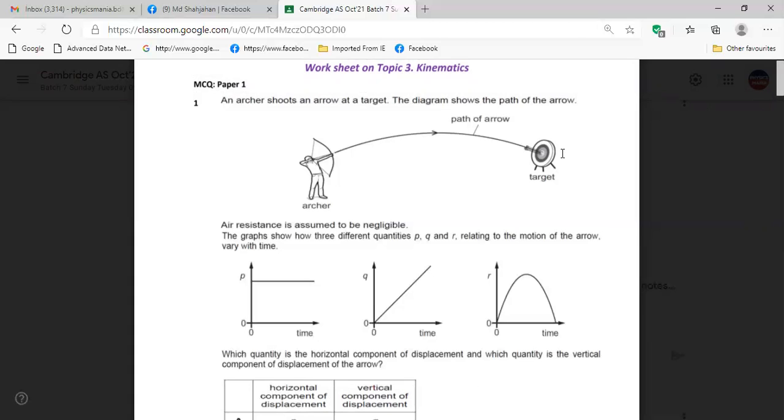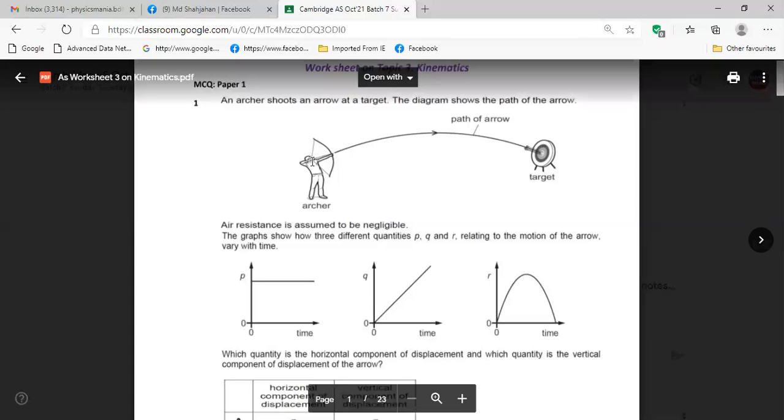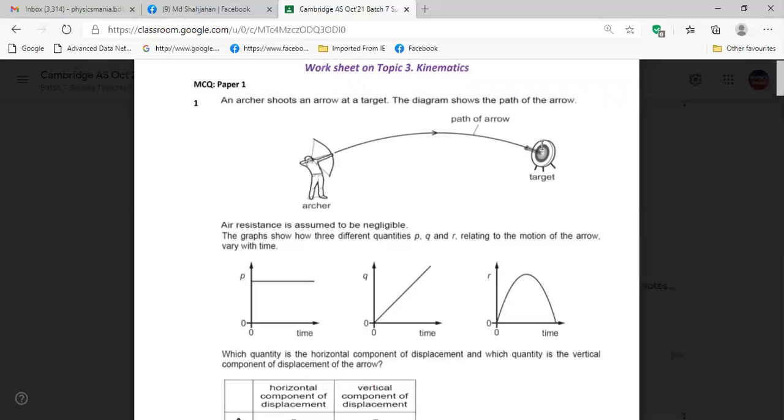But horizontally, from here to here, we have displacement, but the vertical component of displacement we have zero here. Now, from the graph, we will try to understand which one is showing the horizontal component of the displacement and which one is showing the vertical component of the displacement.